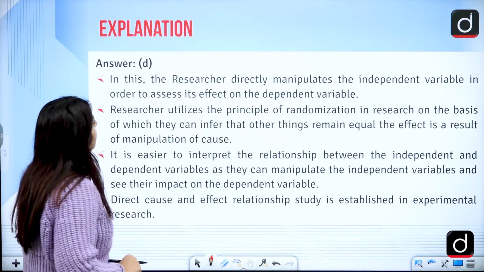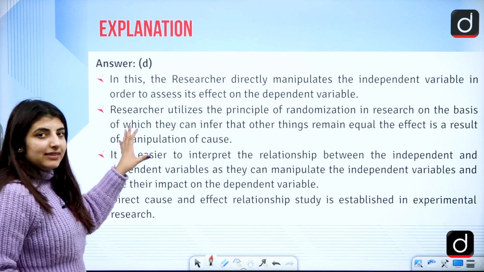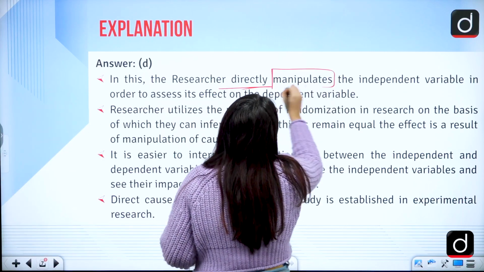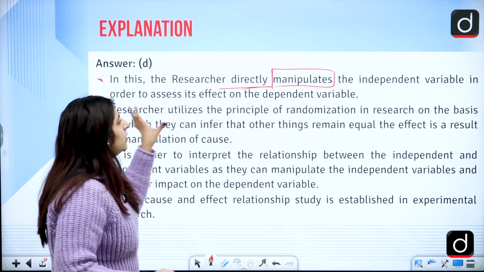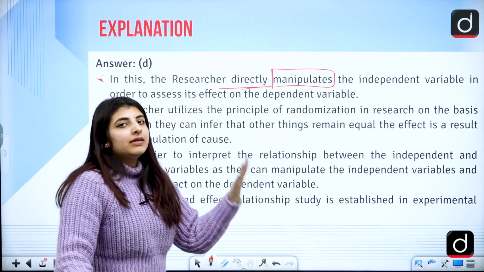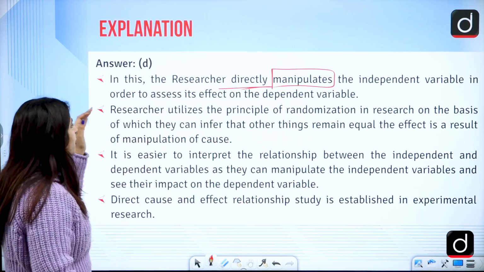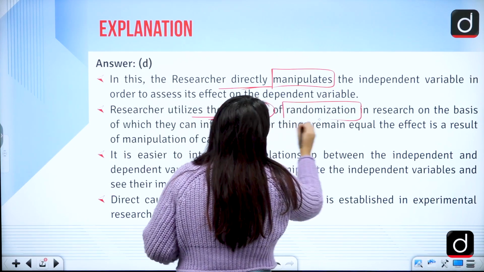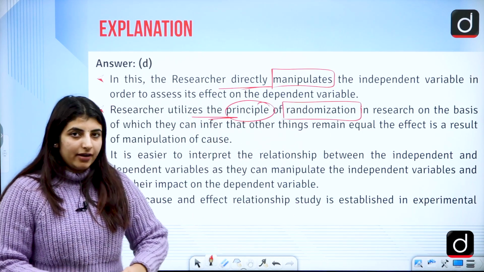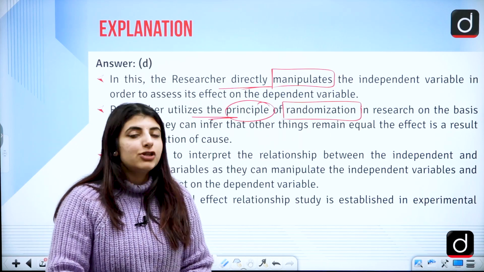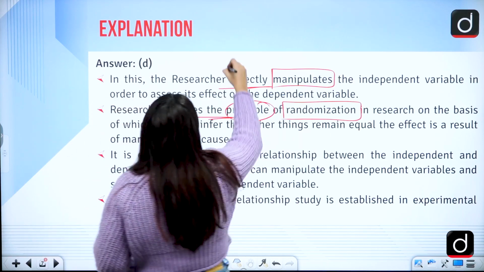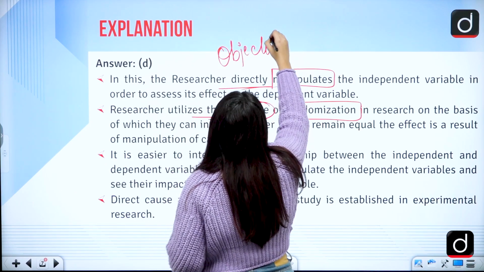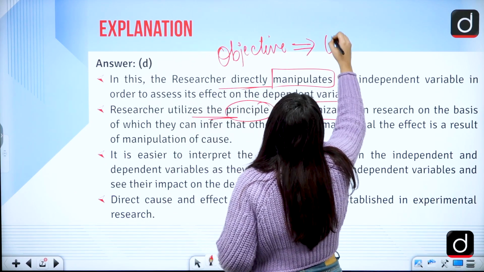Let us just read the explanation that we have. In this, that is the experimental research, the researcher directly manipulates the independent variable in order to assess its effect on the dependent variable, right? So it also utilizes the principles of randomization, because the researcher here in the experimental research would want to be the most objective, which means he wants to be unbiased.